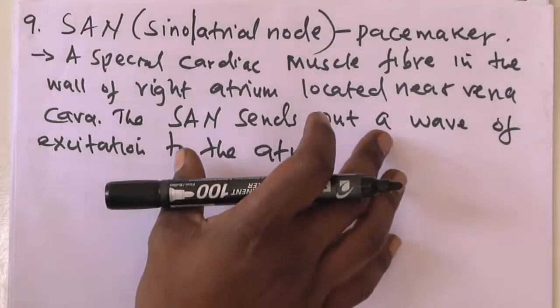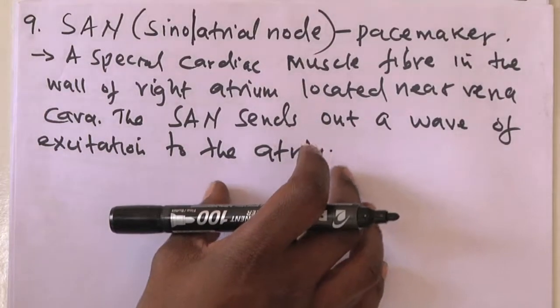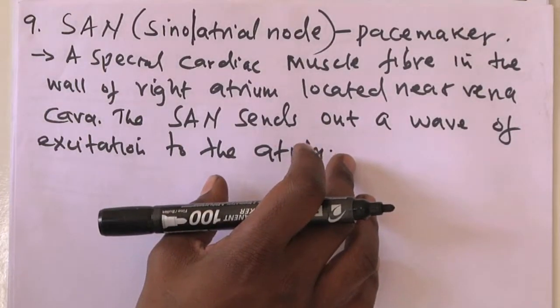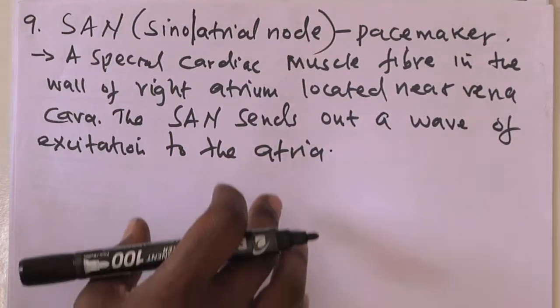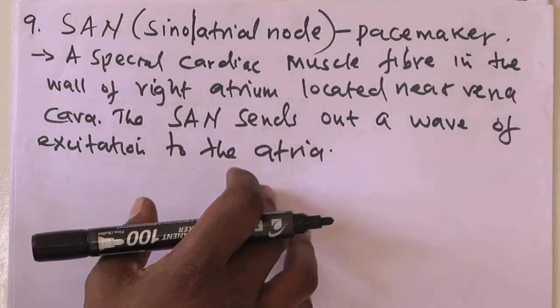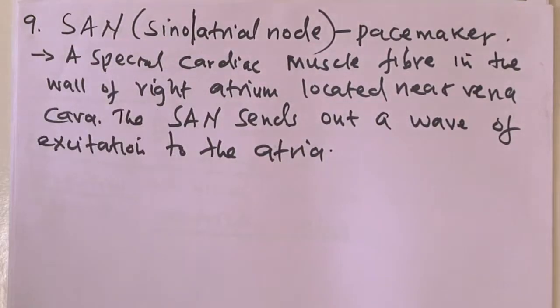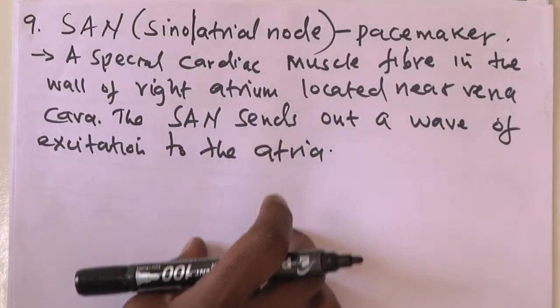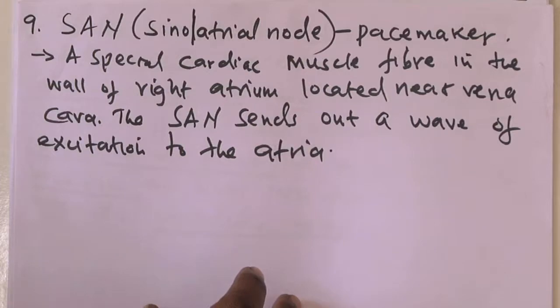When they are moving towards the interventricular septum, there is a point that is going to pick them up, what we call the atrioventricular node. Then the atrioventricular node is always going to spread those waves to what we call the Purkinje tissues, which are found on the ventricles. So the ventricles are always going to receive those waves of contraction.